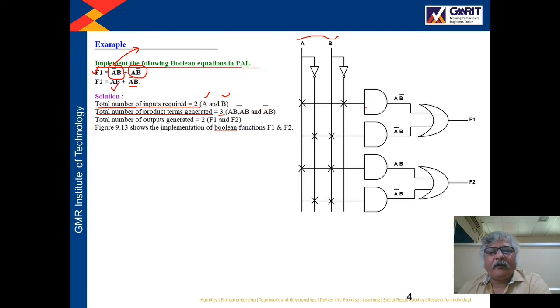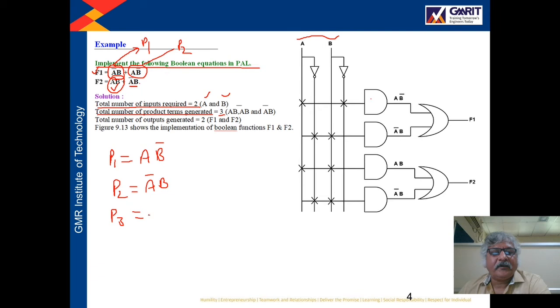So AND gates are programmable. Now you see this. We write here product term 1. We call A B bar my product term 1. Product term 2 is A bar B. This is P1, this is P2, and P3 is AB.